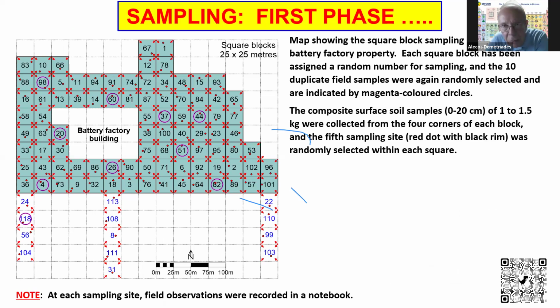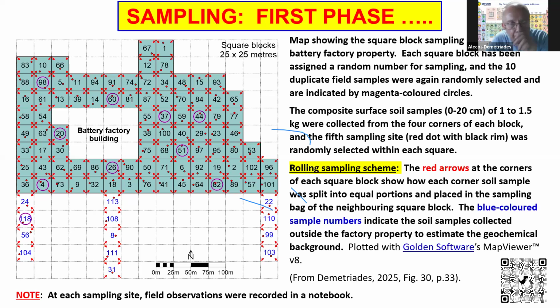The composite samples from 0 to 20 centimeters were about 1 to 1.5 kilograms, and they were collected from the 4 corners of each block and the fifth sampling site was randomly selected within each square. Now, I call this a rolling sampling scheme. Why? As you can see, the red arrows at the corner of each square have small pointed arrows. Okay.